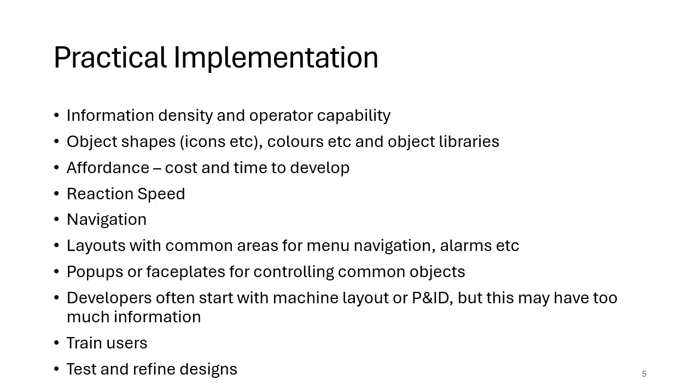Object shapes can be important. Do you use icons? Icons can be useful, but they can be misconstrued. But icons can be useful to indicate particular functions like safety or warnings or alerts, particularly if they are based on standard road signs, which an operator might be expected to understand. Now, I mentioned colors. You need to be careful with colors.